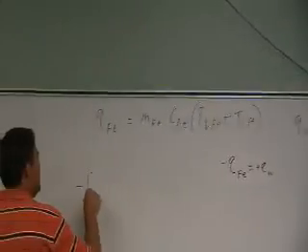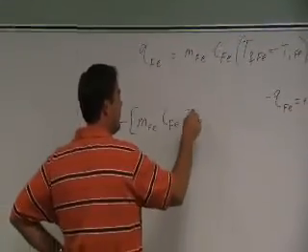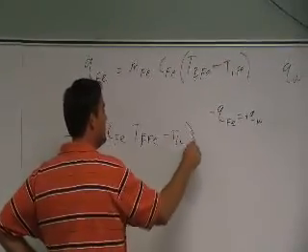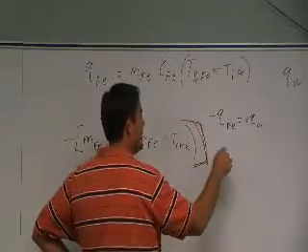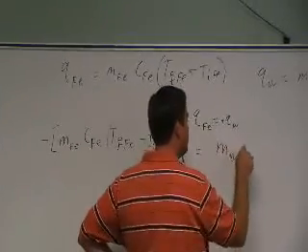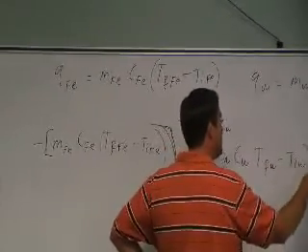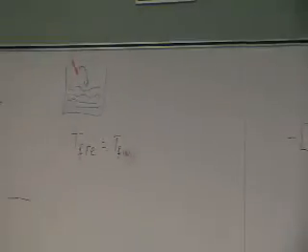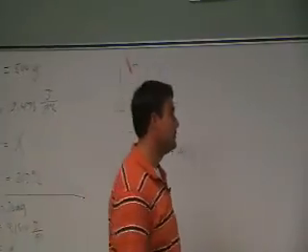So negative mass of the iron, specific heat of the iron, final temperature of the iron minus initial temperature of the iron, equals mass of the water, specific heat of the water, final temperature of the water minus the initial temperature of the water. Mass of the iron.